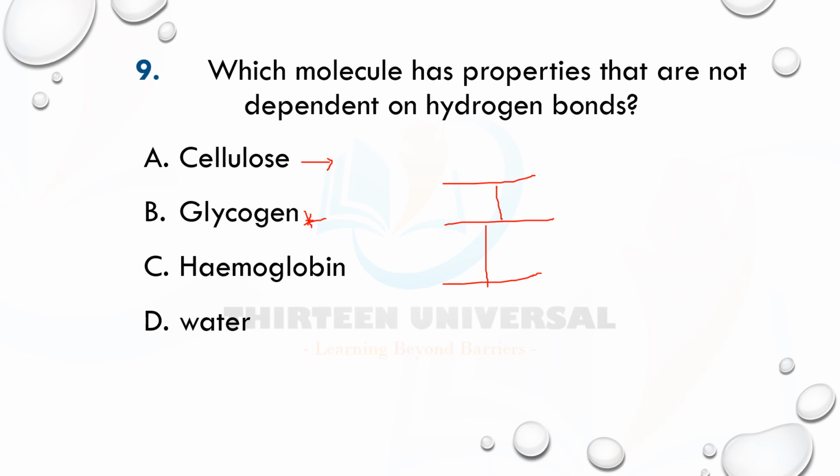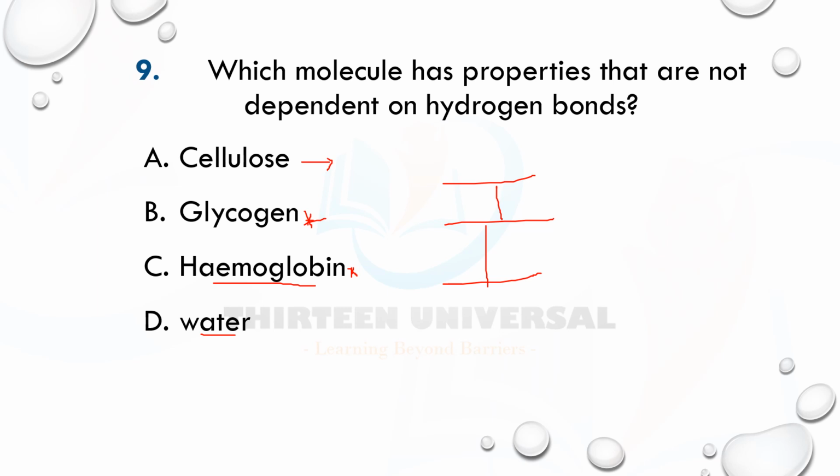Okay, but let's check. Hemoglobin is a protein. Hemoglobin needs hydrogen bond to form the secondary structure, the tertiary structure, and the quaternary structure. The folding of hemoglobin that gives it its precise shape, which is tertiary structure, requires hydrogen bond. Water molecules, of course, need hydrogen bonds. Water molecules stick together because they form hydrogen bond cohesion.